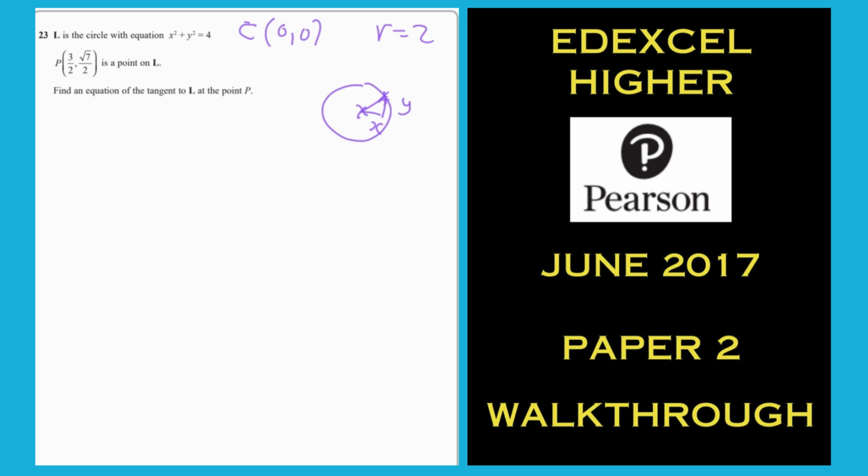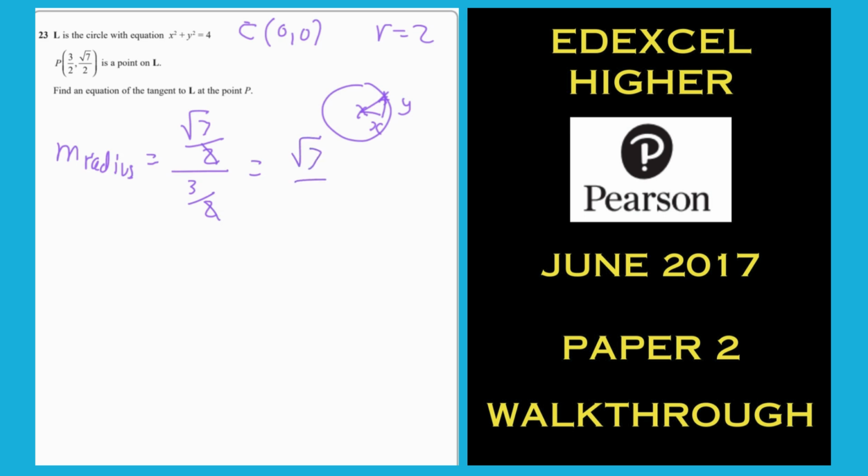In other words, gradient of the radius, changing y's is root 7 over 2, take away naught, divided by 3 over 2, take away naught. Feel free to stick it in your calculator, but you don't need one.